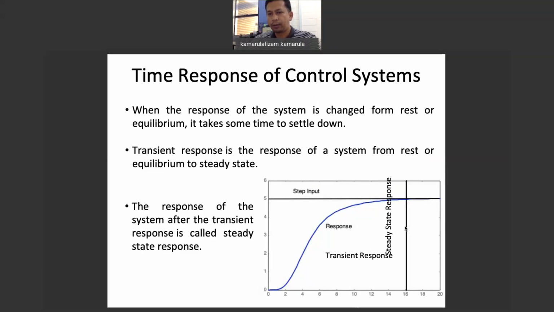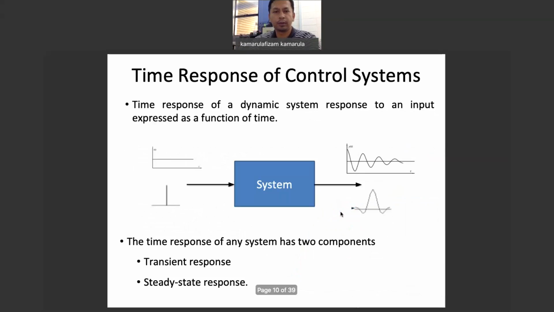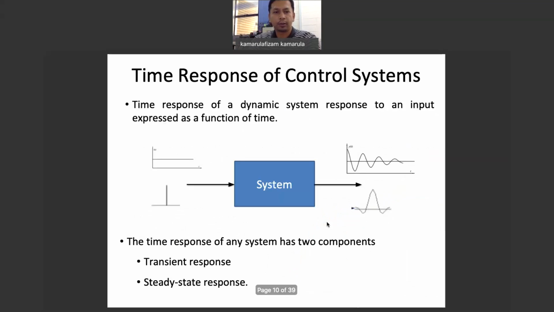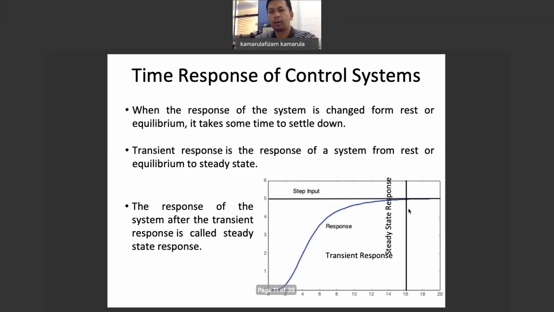Then after t bigger than 16 seconds here, the system reaches steady state condition. So we have two things here: the transient response, this boot up period, and the steady state response, when the system reaches its final expected target.